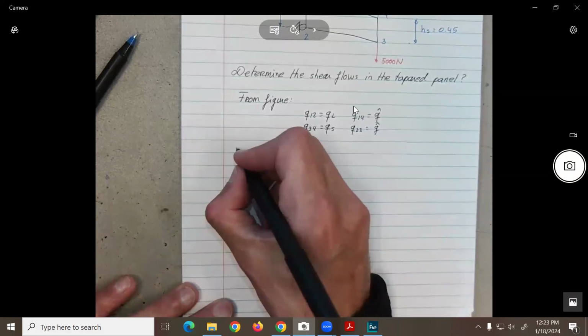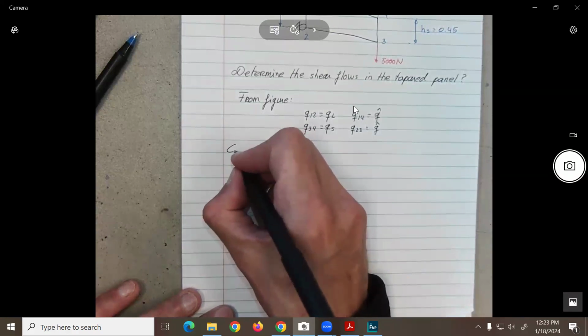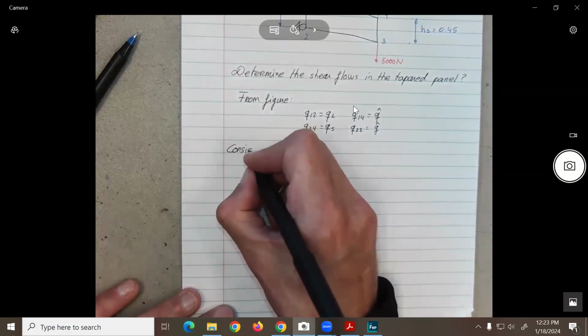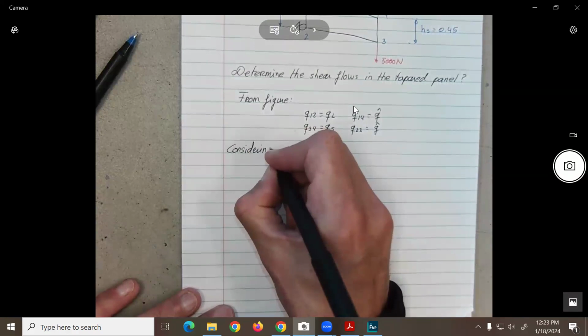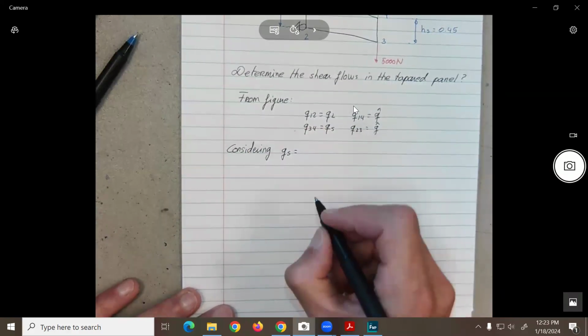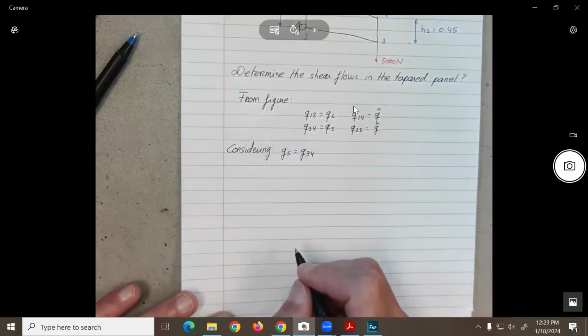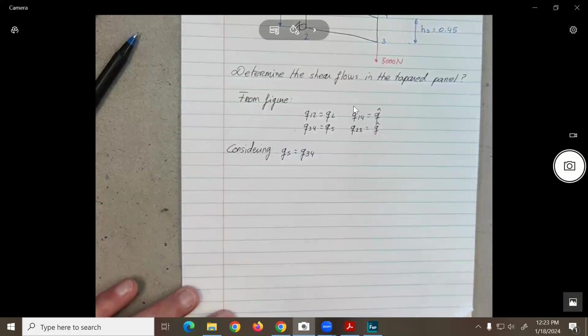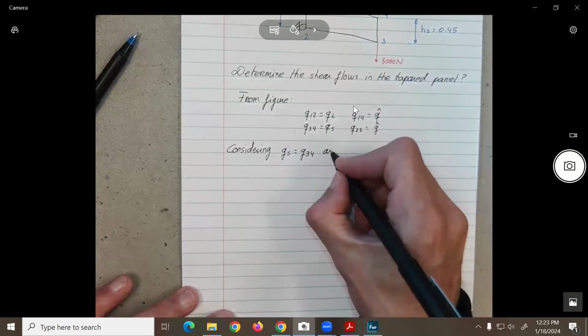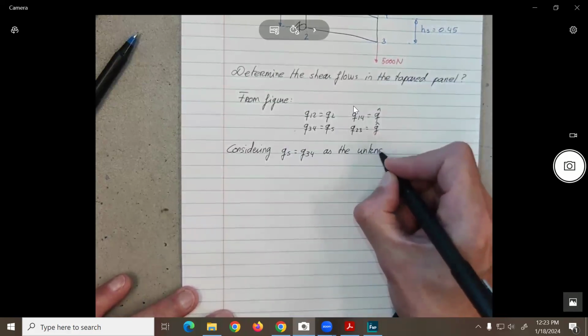So what do we say? Considering Q sub S, in this case Q sub S is Q34, as the unknown in order to get the other ones.